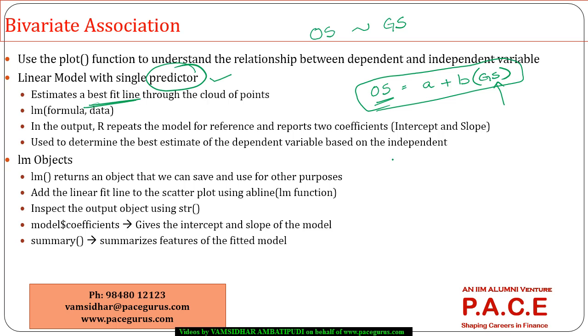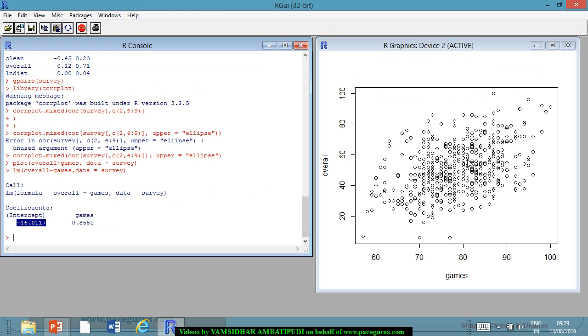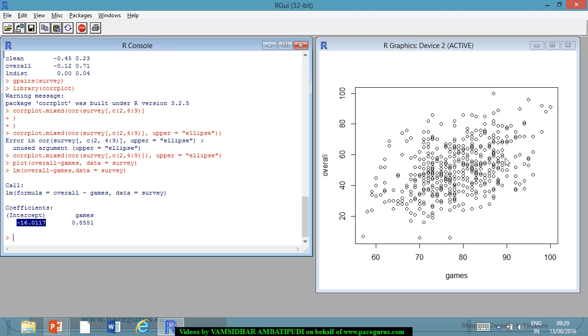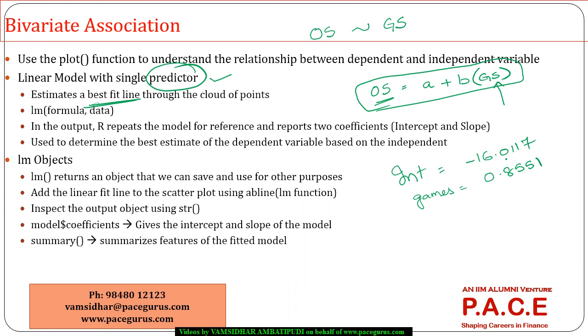There are two outputs it is giving: intercept is minus 16.0117 and games is 0.8551. These are the two numbers which are very important for us. This is the output typically given by my lm function.